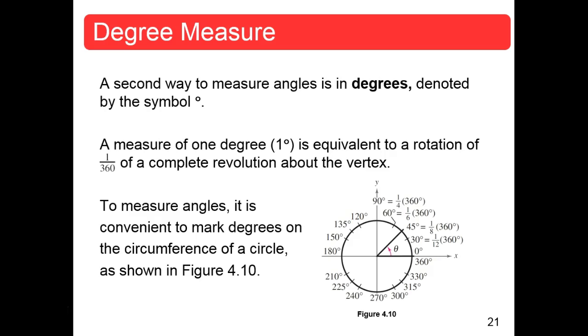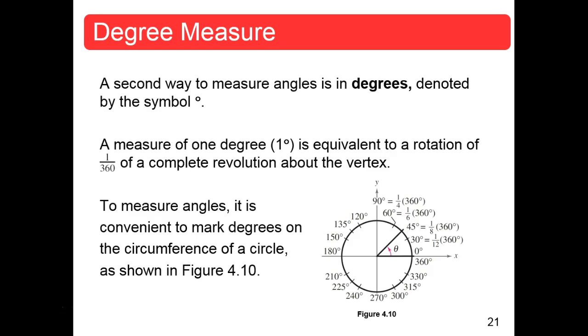A degree is tiny because it's equivalent to the rotation of 1/360th of a revolution around the vertex. In other words, 360 degrees makes a whole circle. So what would make half a circle? 180. What would be a quarter of a circle? 90, a right angle, 90 degrees. That's what degrees are. So a degree is really tiny. A radian's pretty big.